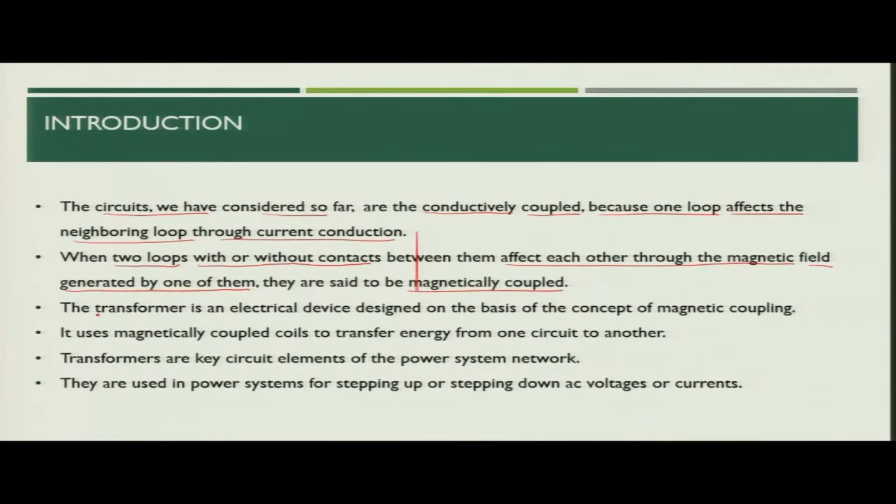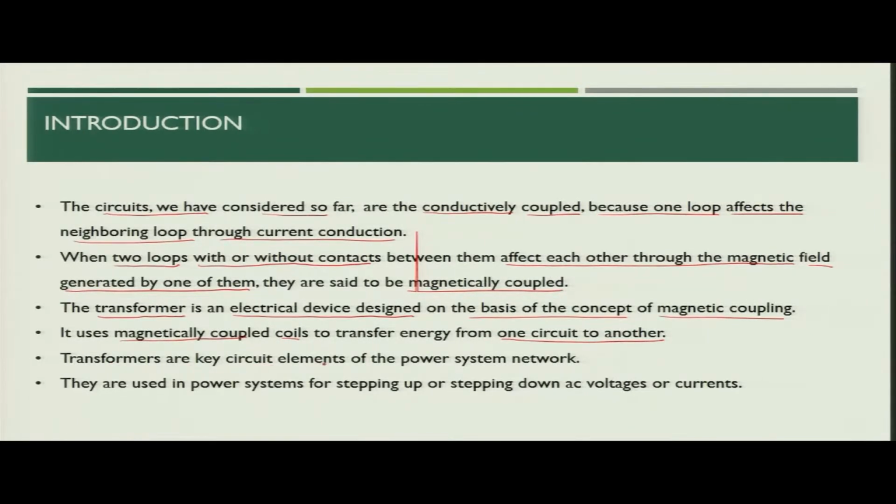The most common example is the transformer, where the electrical device is designed on the basis of the concept of magnetic coupling. It uses magnetically coupled coils to transfer energy from one circuit to the other.